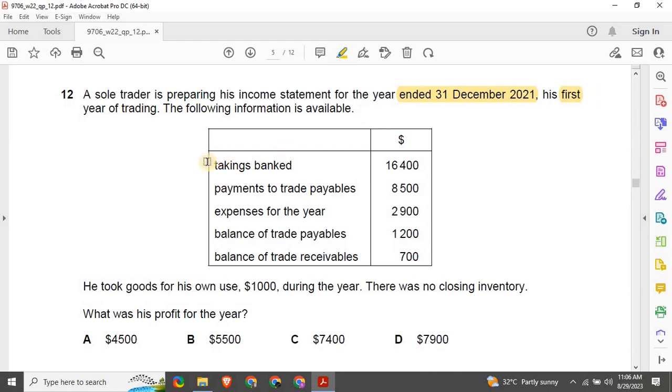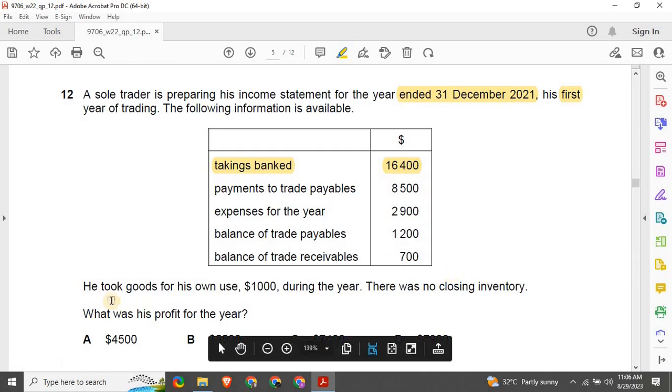Banked: the money that we have received from trade receivables, we deposited into the bank, 16,400. Payment to trade payables is 8,500. Expenses for the year are 2,900. The balance on trade payables is 1,200, and the balance of trade receivables is 700.